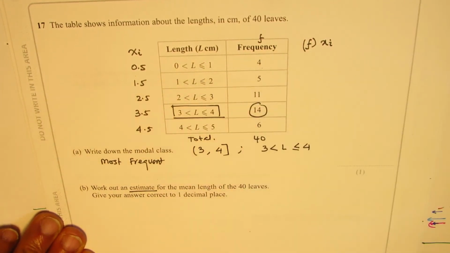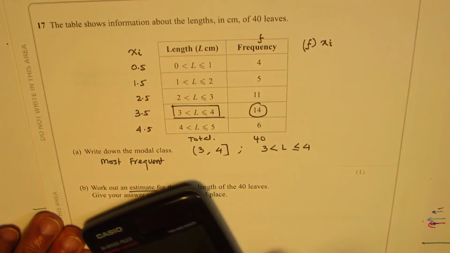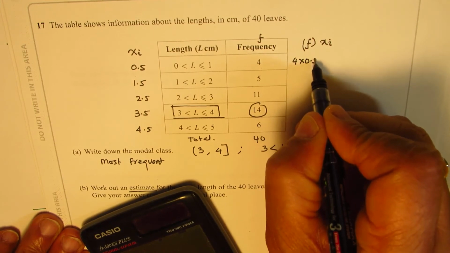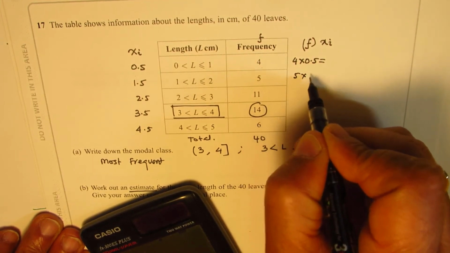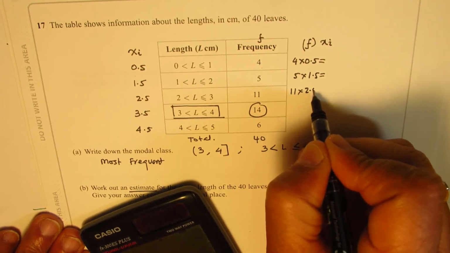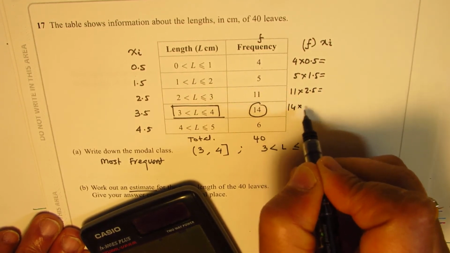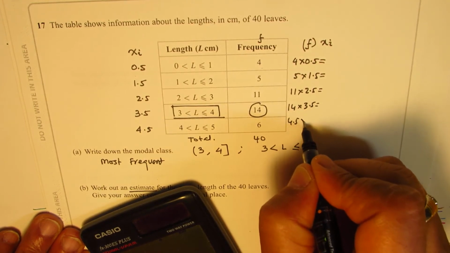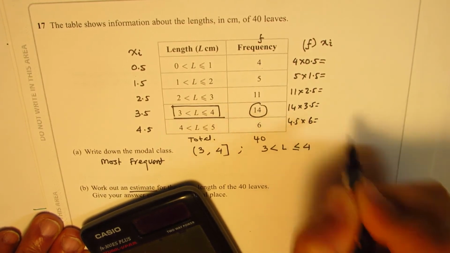So when you multiply, let's use calculator, we get 4 times 0.5, here we get 5 times 1.5, and then we'll do 11 times 2.5, and then we'll do 14 times 3.5, and then we'll do 4.5 times 6.